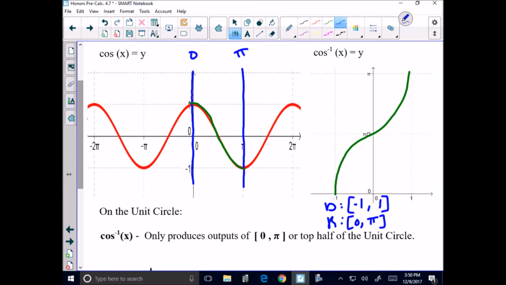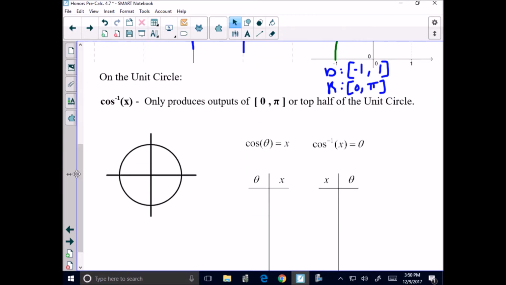Because that is the least amount of positive rotation that we need to generate every single horizontal change from -1 to +1 on the unit circle. So right here, we're looking at just the top half of the unit circle as where we would evaluate inverse cosine. And those are going to be rotations from 0 to pi, right?